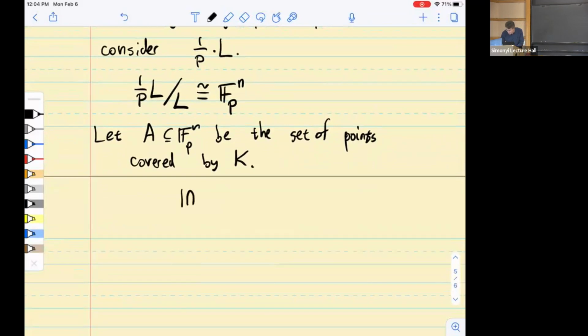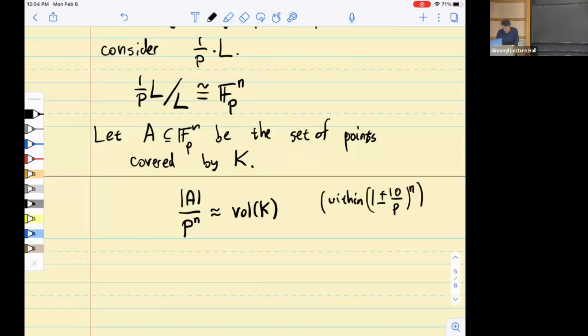And again, because the grid is so fine, I know that the fraction of points in A, if you look at this finite field, the fraction of points, what should it be? Basically the density of K, right? So the volume is very close to the volume of K. The lattice has co-volume 1, so it's just the volume of K. To be precise, it's within some small fudge factor, like 1 plus minus 10 over P or something to the power n.